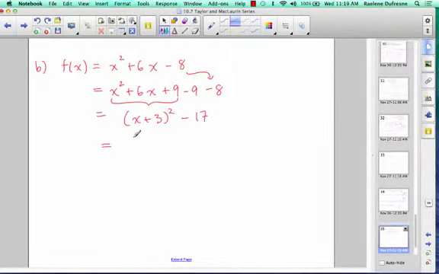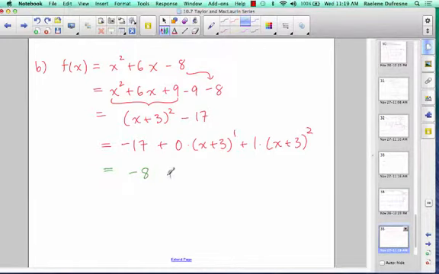So in fact, f of x is equal to negative 17 plus 0 times x plus 3 to the exponent 1 plus 1 times x plus 3 to the exponent 2. So when we complete the square, we could really see that we are translating the center, but this is still equivalent to the original negative 8 plus 6x plus x squared.